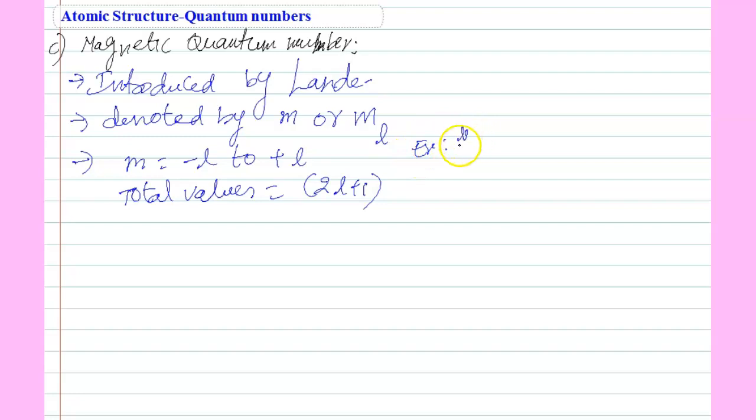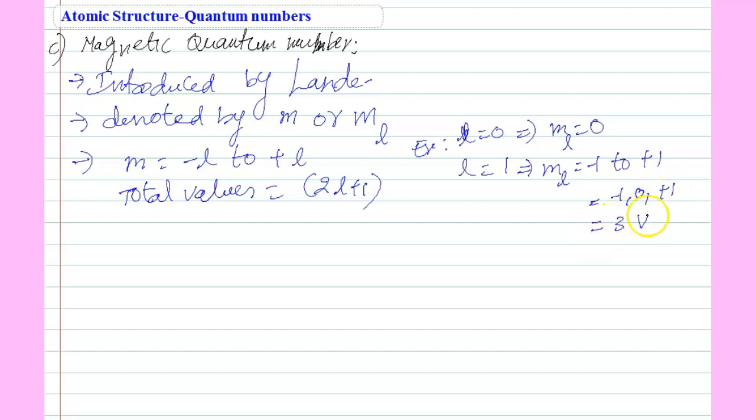For example, if l equal to 0, m equal to 0. If l equal to 1, then ml equal to minus 1, 0, plus 1.